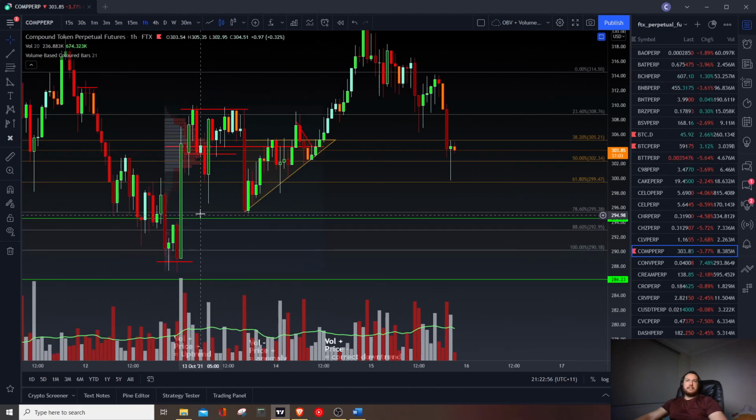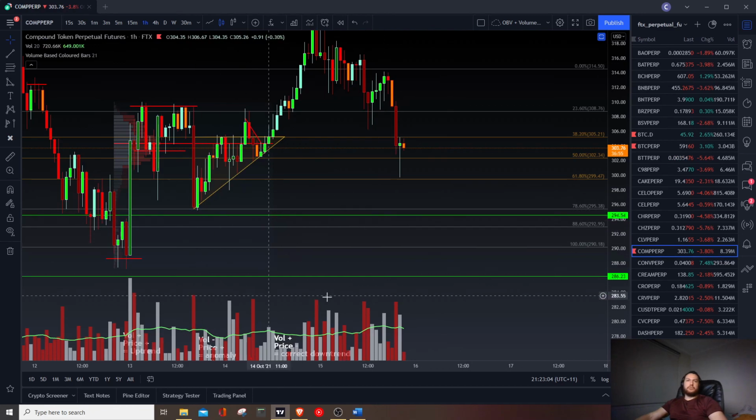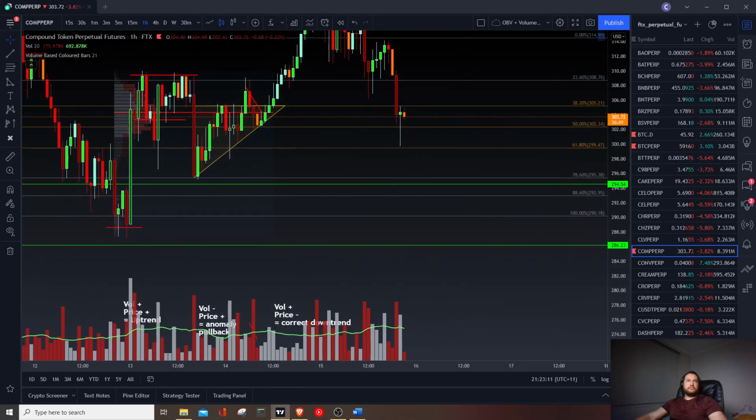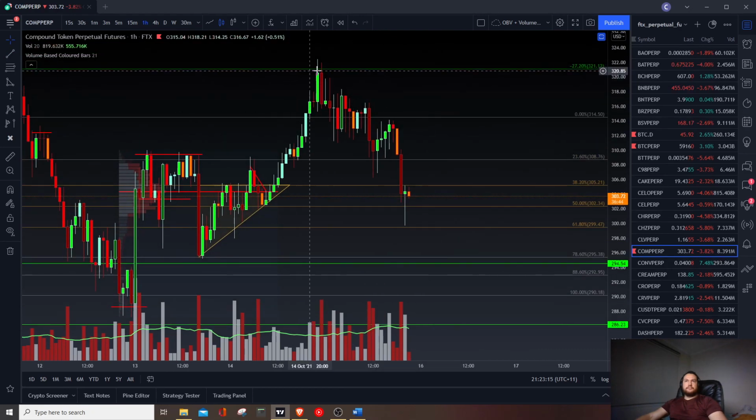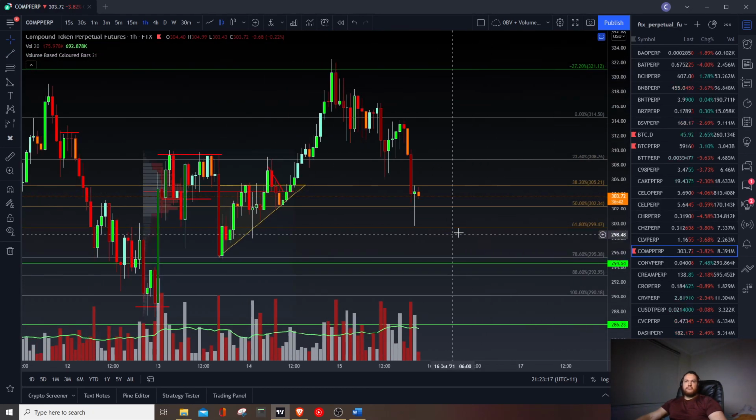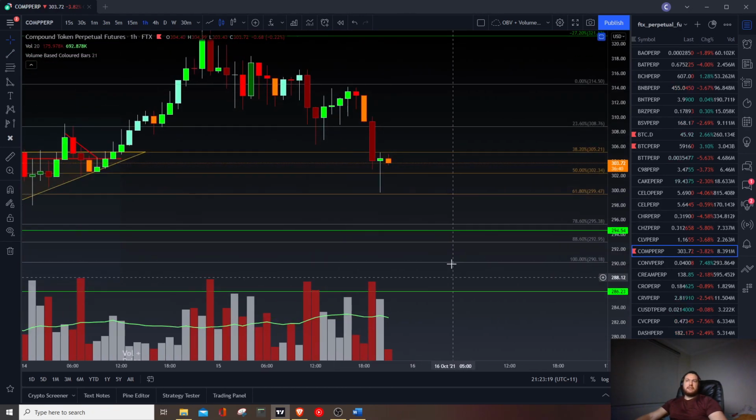I've just put that as a zone, like a demand zone for fibs, or potentially retesting the demand zone down here, if I'm looking for something. And that's a wrap on volume.